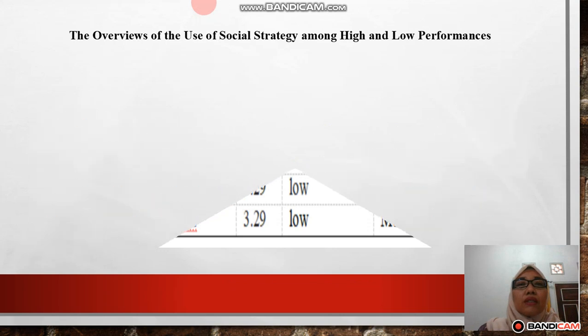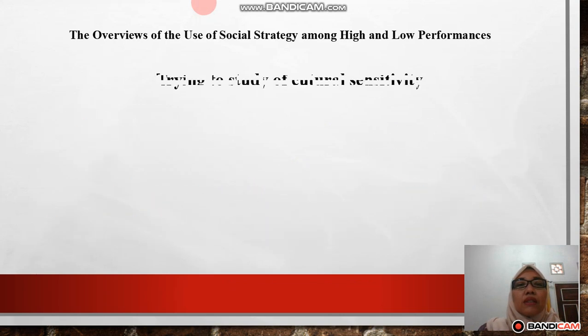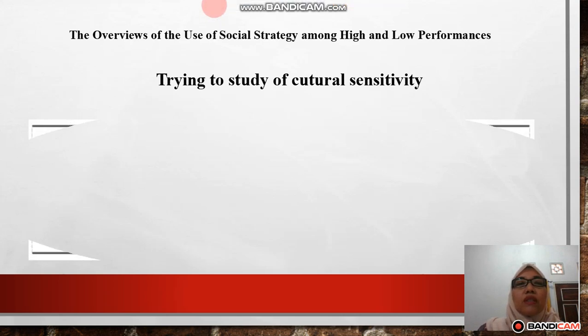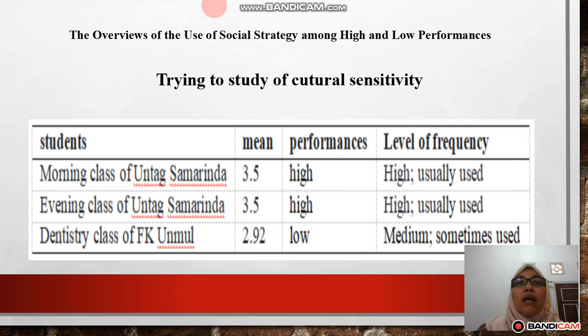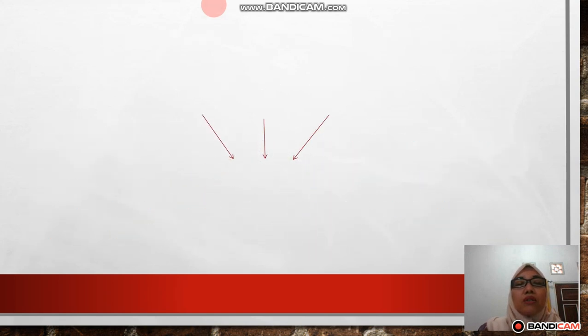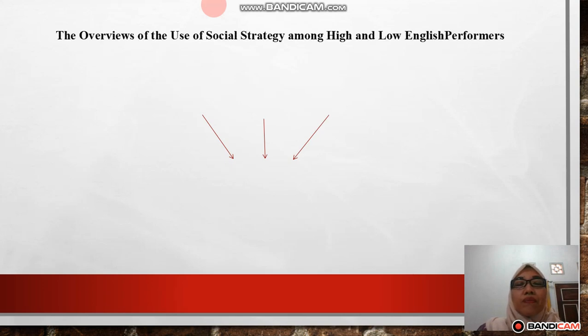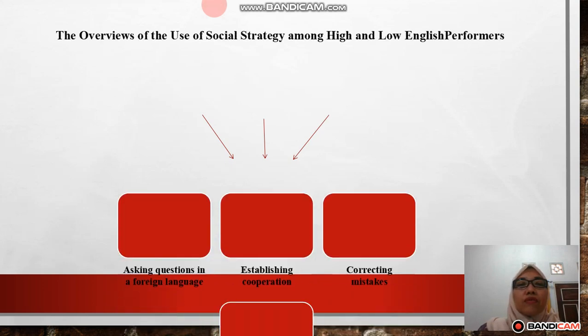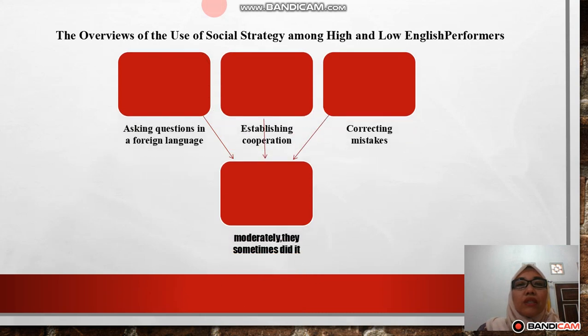And the last one, this is trying to study cultural sensitivity. We can see the data here. And to explain to you deeply, I tried to collect the same results for this.